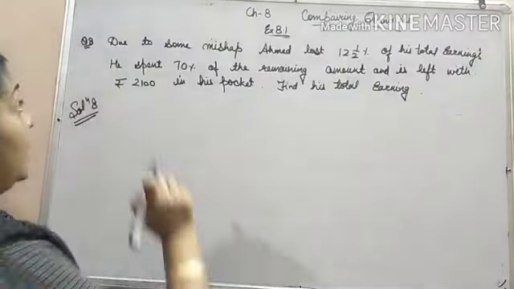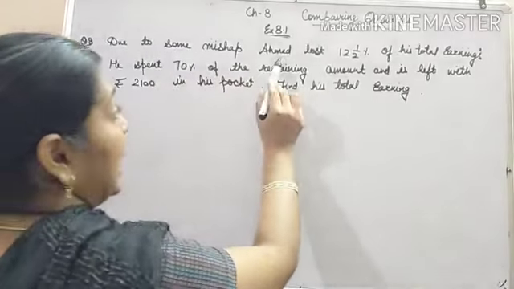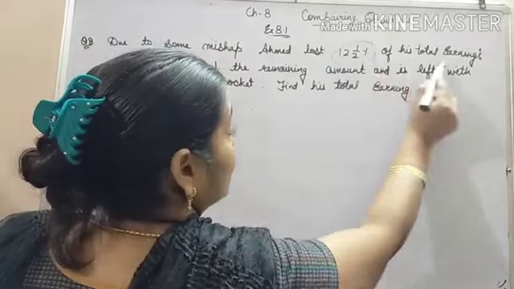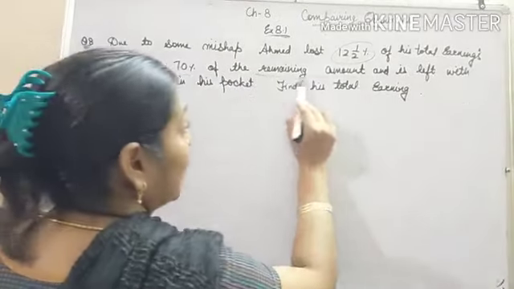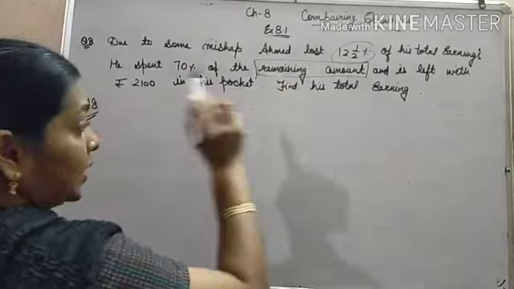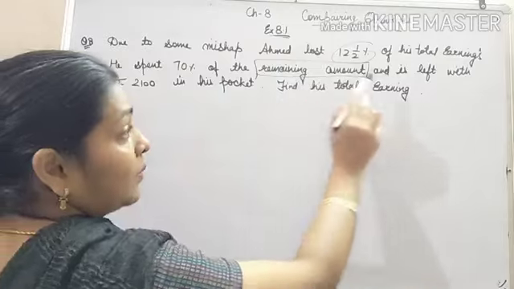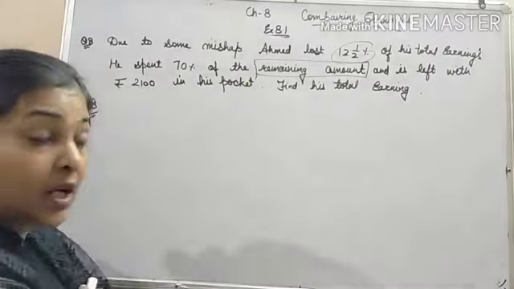Check problem 8. It is given in this problem, due to some mishap, Ahmed lost 12 1/2% of his total earnings. He spent 70% of the remaining amount. Keep this in mind, he spent 70% of the remaining amount and is left with rupees 2100 in his pocket.